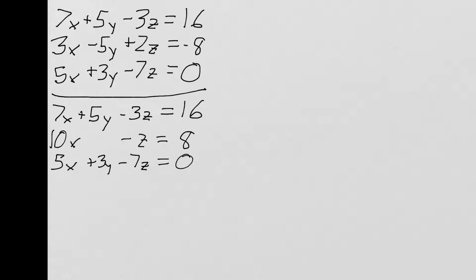So now I need to eliminate that y from another one of the equations. So if I multiply the first equation, both sides, by -3, and the third equation by 5, I now have -21x minus 15y plus 9z is equal to -48. Still have 10x minus z is equal to 8.